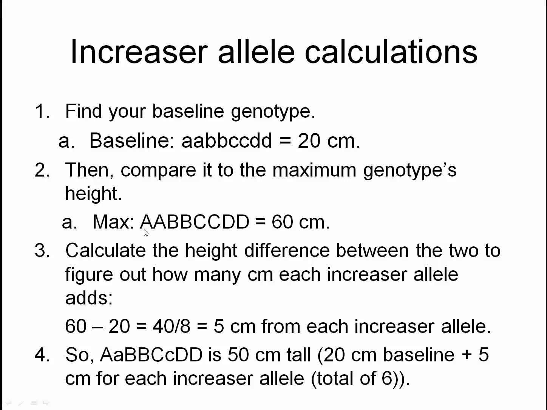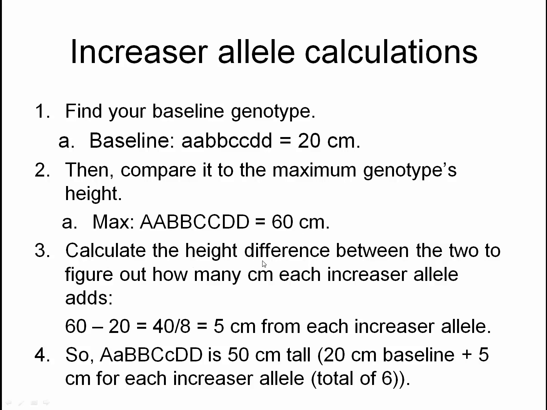The maximum multilocus genotype is one in which all the alleles are capital. So all the capital alleles each add a fixed unit to the height. So that happens to be 60 centimeters, right?